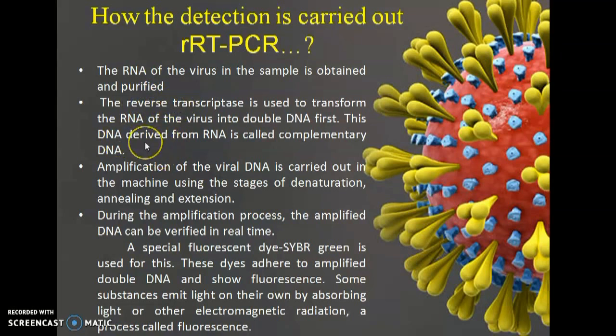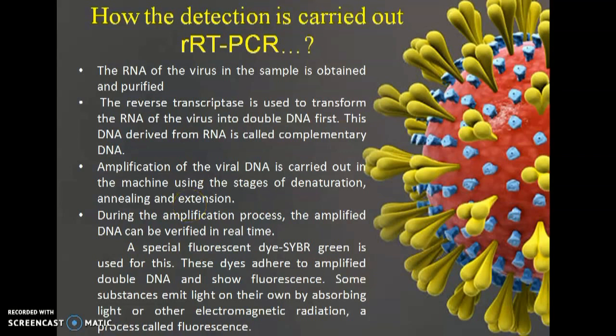The DNA that is derived from the RNA is called complementary DNA. Once the complementary DNA is formed, its amplification is carried out in the PCR machine through steps of denaturation, annealing, and extension. About 30 cycles are run in the PCR machine, which results in huge amplification of DNA.